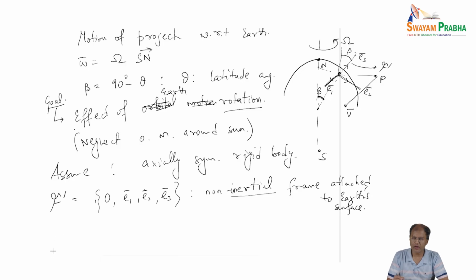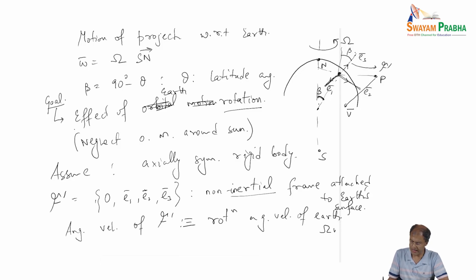So now if we were to find the rotational angular velocity of the Earth, we can do that. The angular velocity of F prime is identical to the rotational angular velocity of Earth, omega n, where n is Sn divided by the norm of Sn.